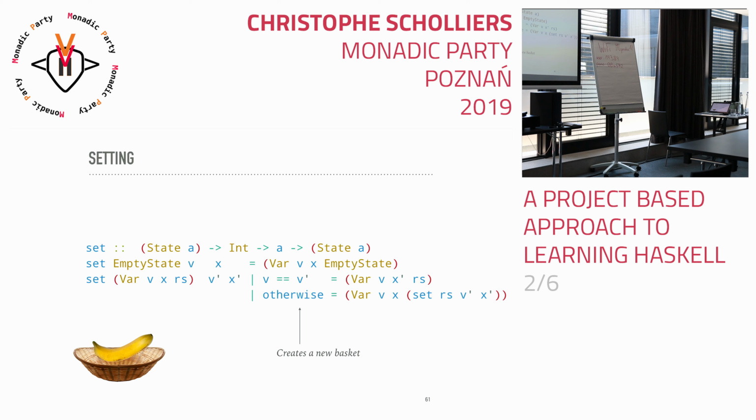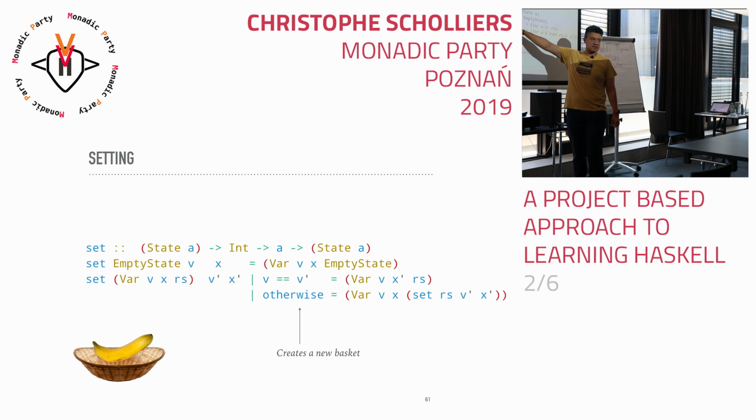So then we use pattern matching, and if it's not the empty state, it needs to be a variable with a certain address, with a certain value, and the rest of our state. And we want to set the address v prime to a certain value x prime, and then we use something that we haven't seen yet.